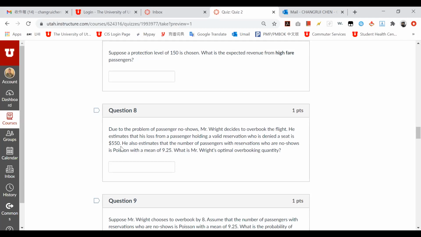So CO is 550. If you overbook too many, customers have a valid reservation but don't have seats. This sentence or similar ones tell you the penalty CO.